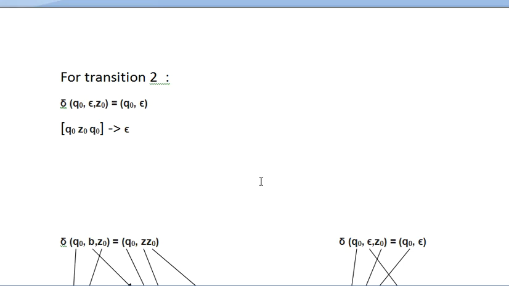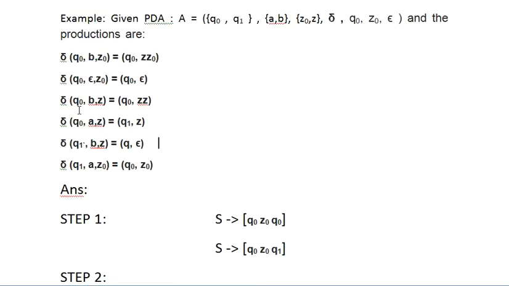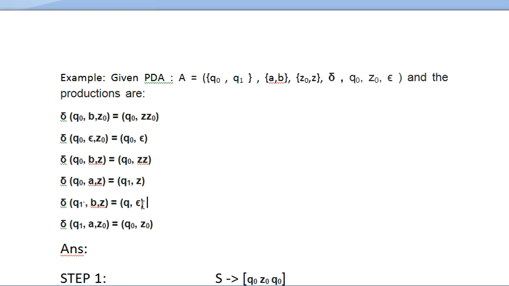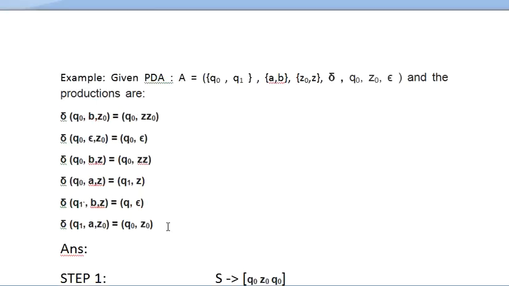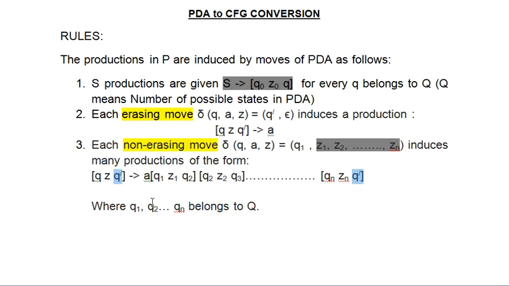Sorry, implies B. Correct. So again, I'm telling you, for this particular transition, what will be the production? Q1 Z, then Q implies B. That's it. Clear?